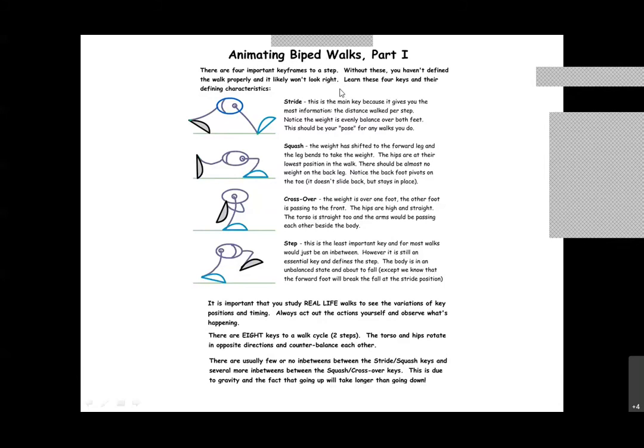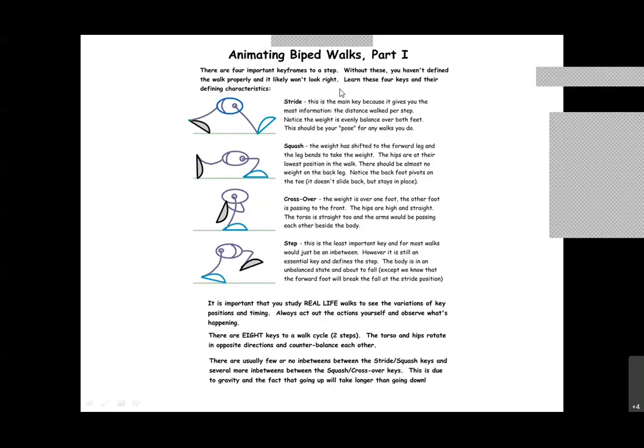It says animating biped walks. Now, they have this term biped. The term biped is used to refer to characters that have two legs. There's another term called quadruped. I don't know if I'm pronouncing it right. Quadruped makes reference to characters that have four legs, like a dog that walks on four legs.